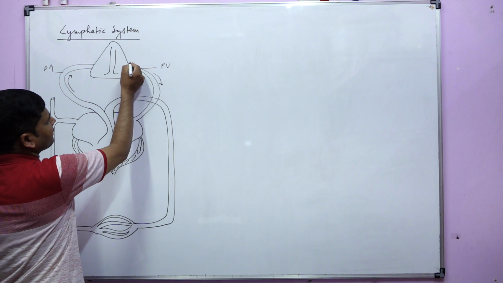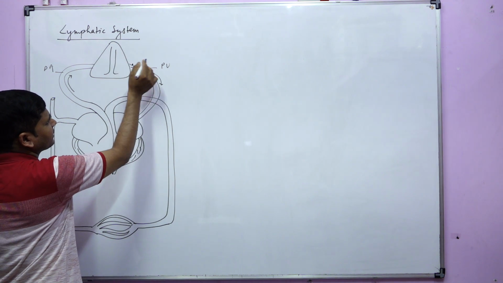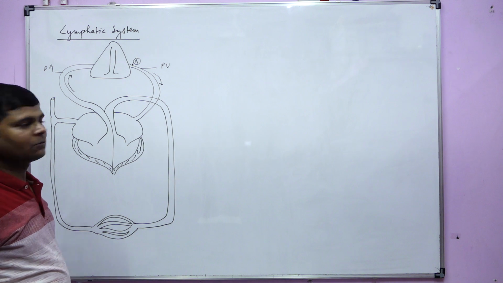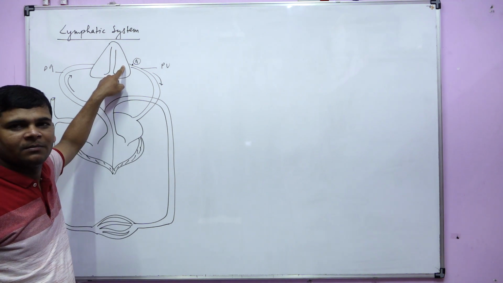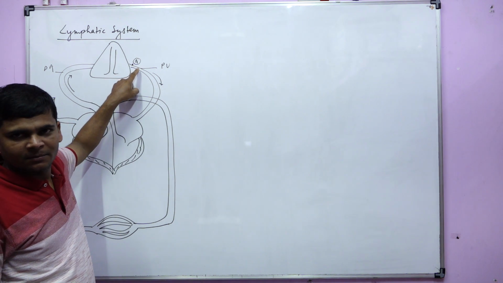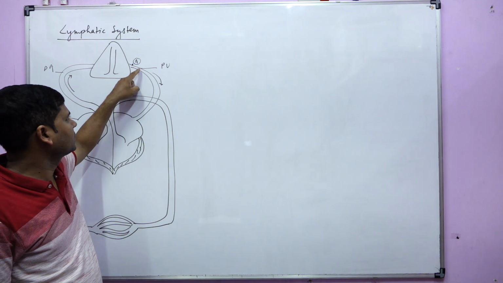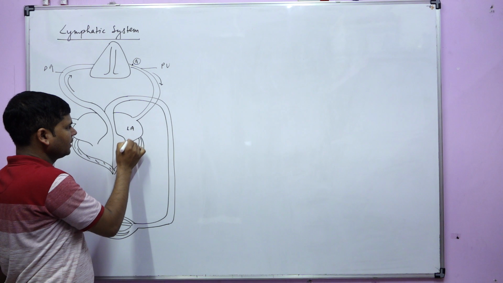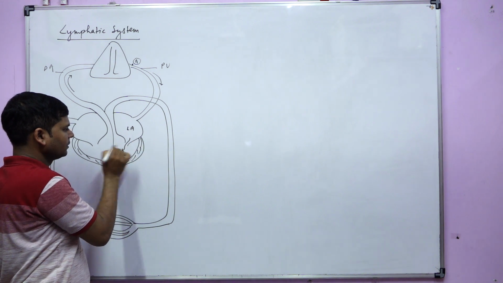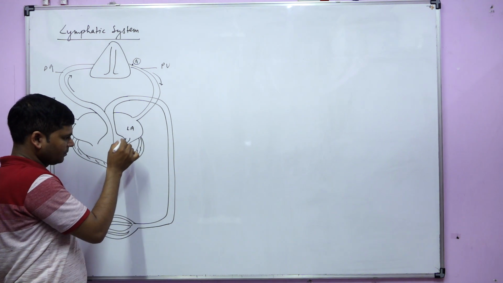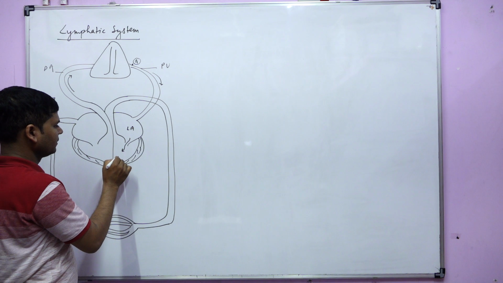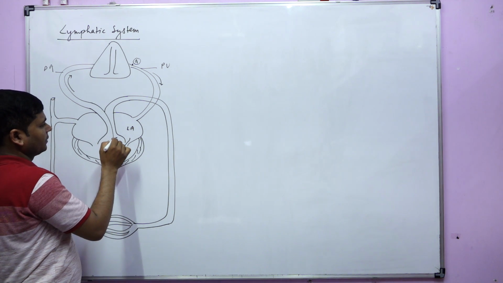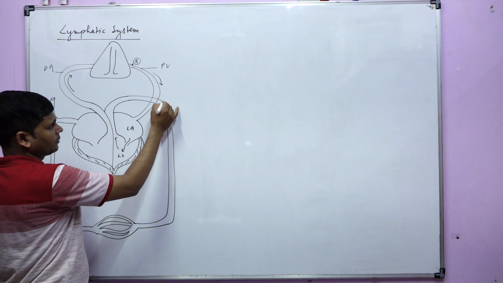So let me begin from this point. Let me call this point A. Once the oxygenation of blood has taken place in our lungs, the oxygenated blood is carried to the left auricle, then it is poured into the left ventricle, and then it is pumped to all parts of our body through the aorta.